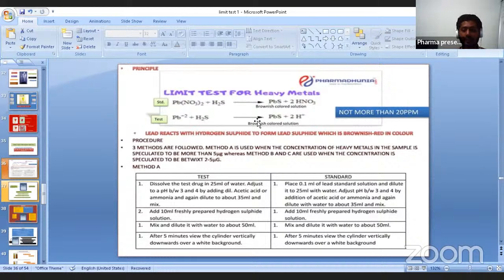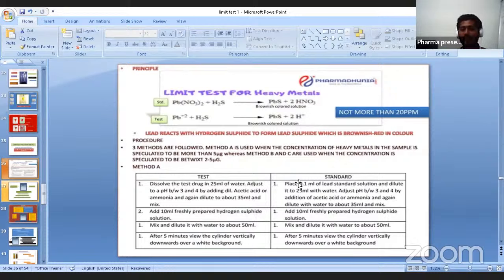First procedure is quite simple, in which we simply add the drug with 25 ml of water, adjust the pH to 3 to 4, then add 10 ml of prepared hydrogen sulfide, then dilute with water to about 50 ml, then observe against a dark background.